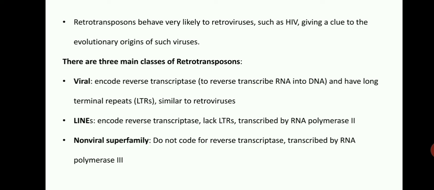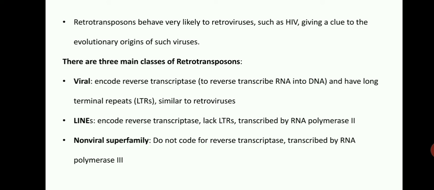So next, the second type is the LINEs, and LINEs are nothing but the non-LTRs. The full form of LINE is long interspersed nuclear elements. So what are LINEs? Non-LTR retrotransposons consist of two subtypes.